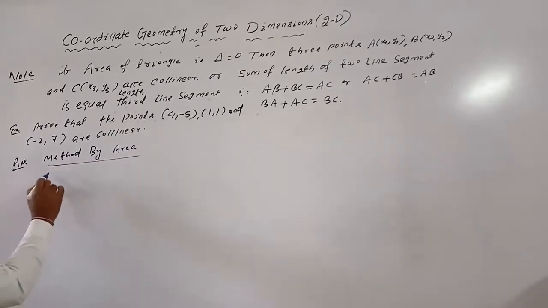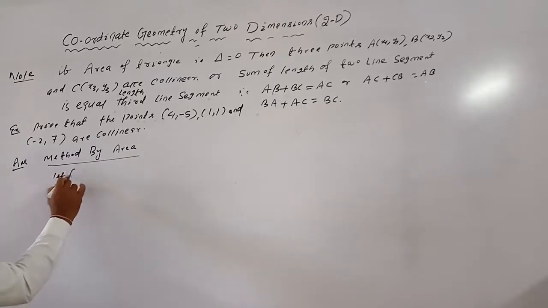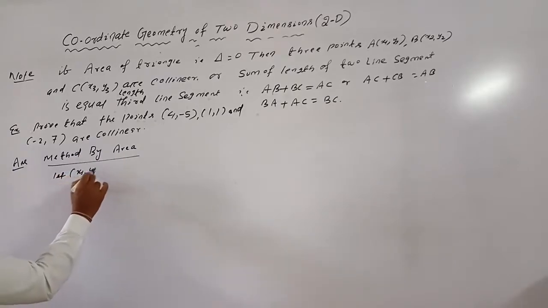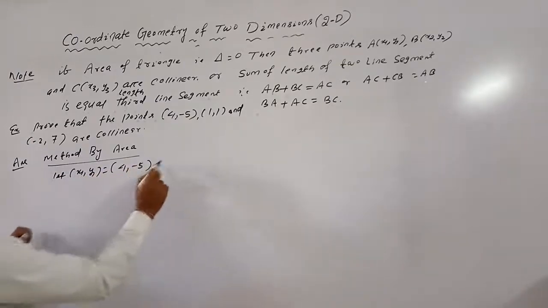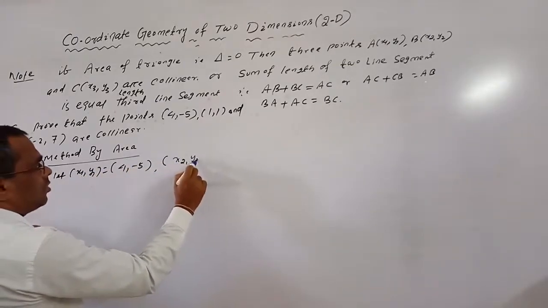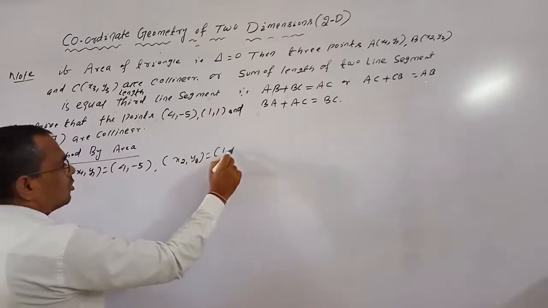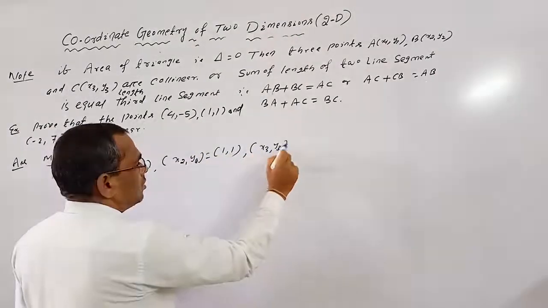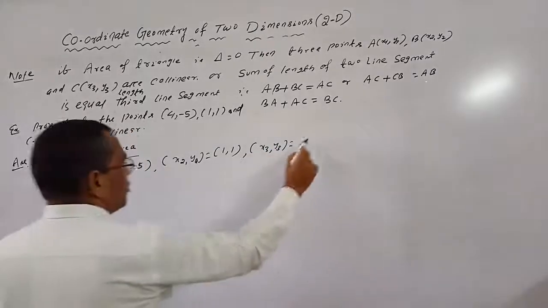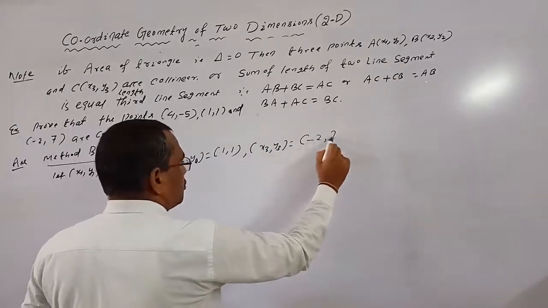Let (x1, y1) equal (4, minus 5), (x2, y2) equal (1, 1), and (x3, y3), the third point, equal (minus 2, 7).